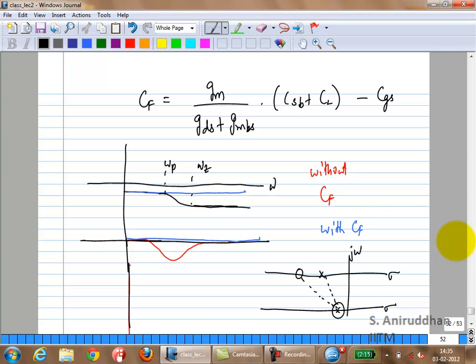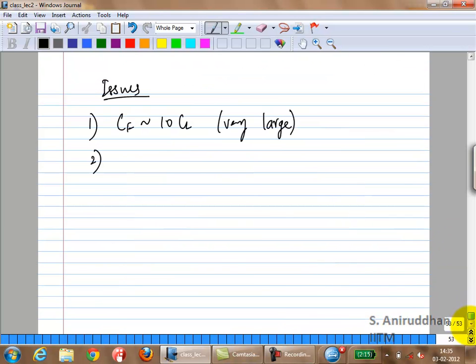If your CF is not exactly equal to the number you want, what you will get is something like this, where they don't cancel each other, but the pole and zero are right next to each other. Okay, that's called a pole zero doublet.